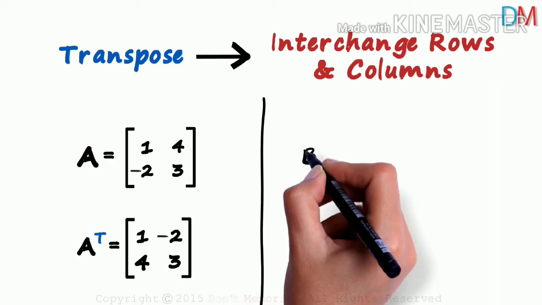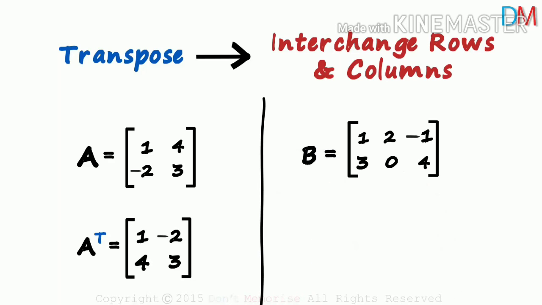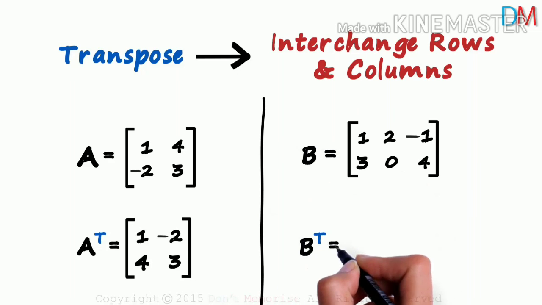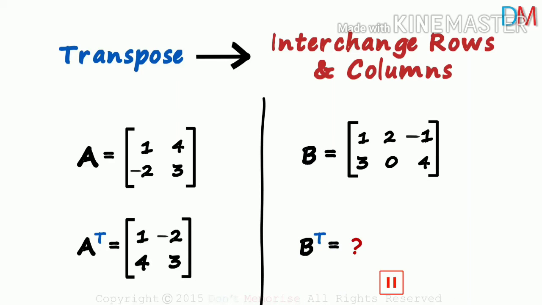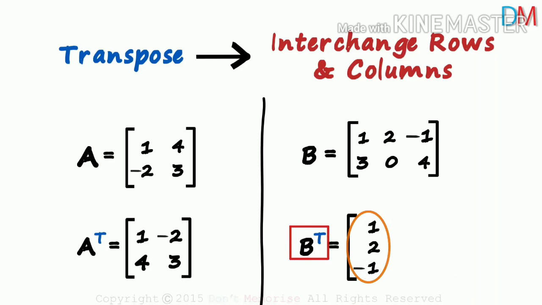Okay, so here's matrix B. I want you to try finding the transpose of matrix B. So the first row will become the first column of the transpose. The first row is 1, 2, minus 1. 1, 2, minus 1 will be the first column of B transpose.